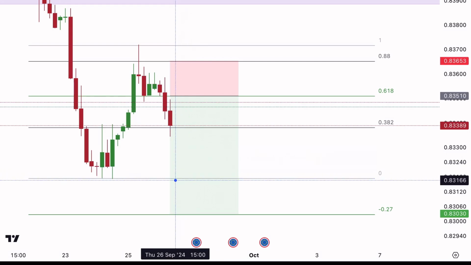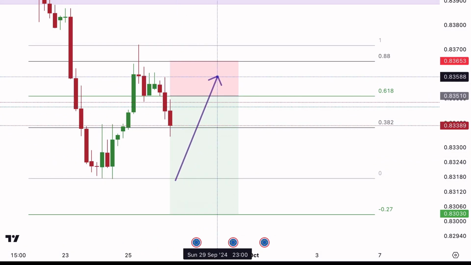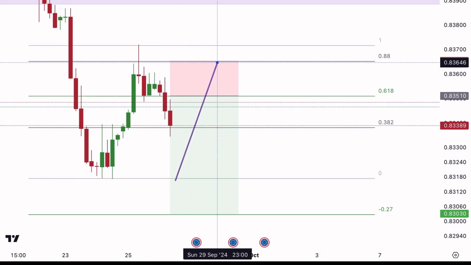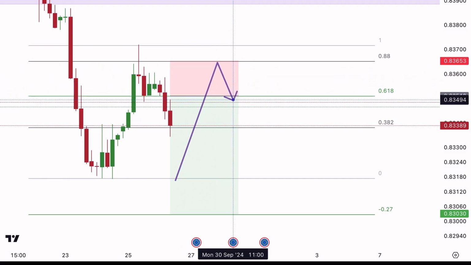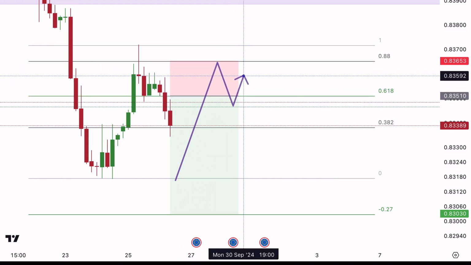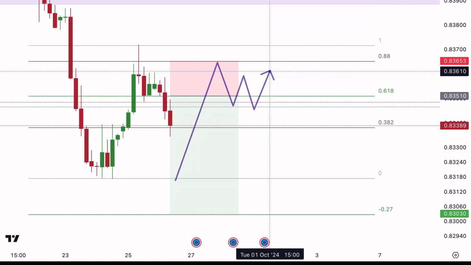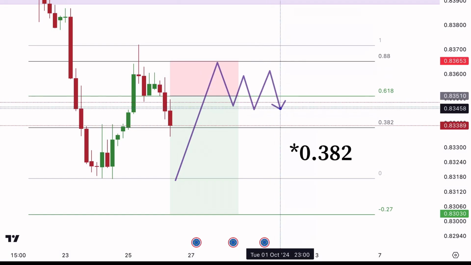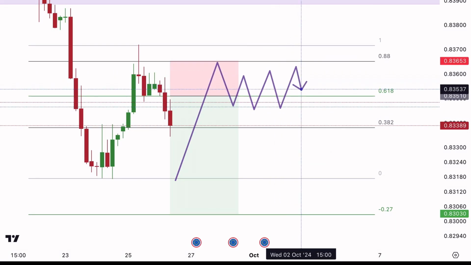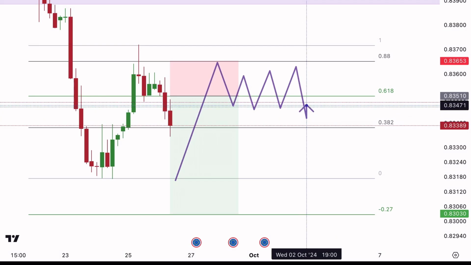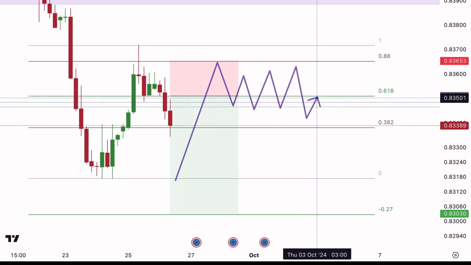If we have a pullback, boom, all the way to here, then we have a lot of wicks between the 61 level and the 55 level, and price decides to break the 61 with a close of the candle. Right now price doesn't have to come back all the way to the 61 level.